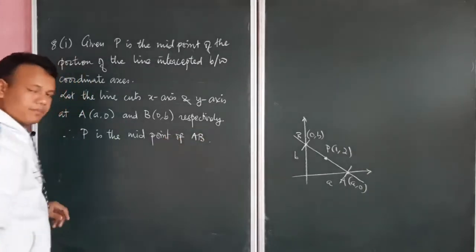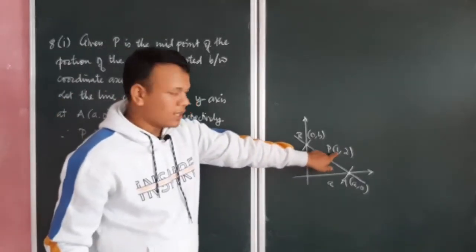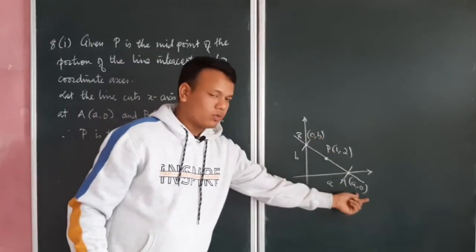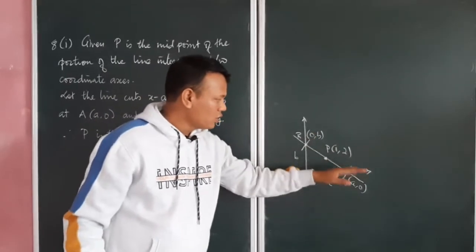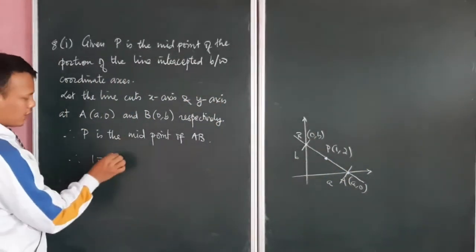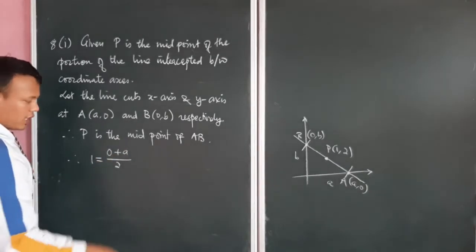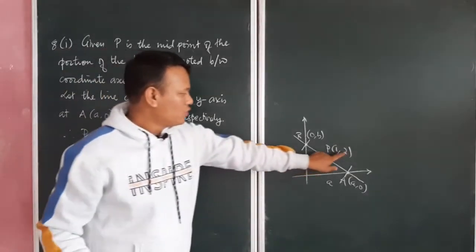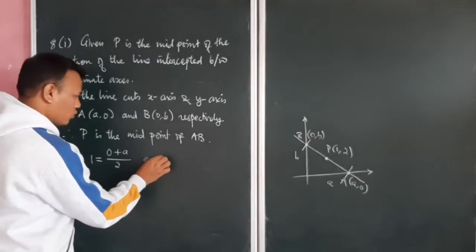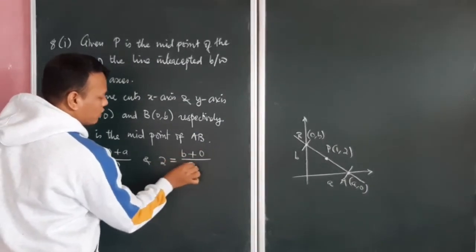Taking this as x1, y1 and this as x2, y2, the midpoint is x1 plus x2 divided by 2. So 1 can be written as x1 plus x2 by 2, and 2 can be written as y1 plus y2 whole divided by 2.